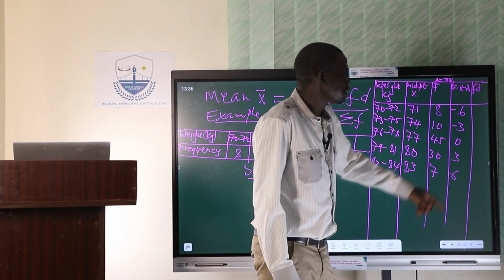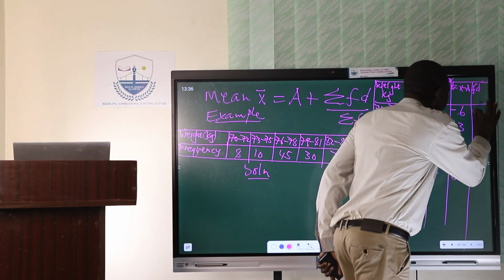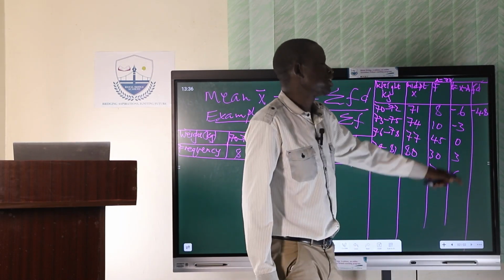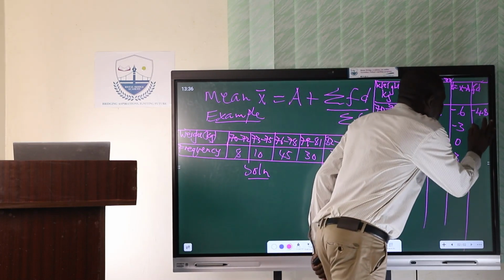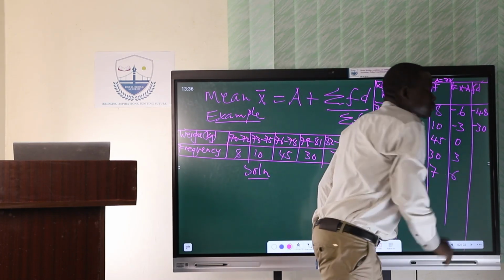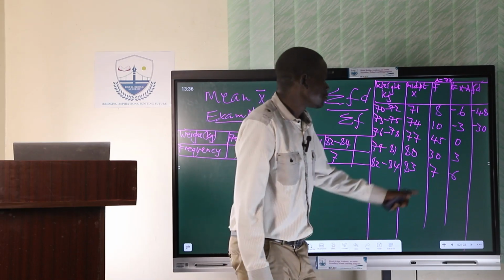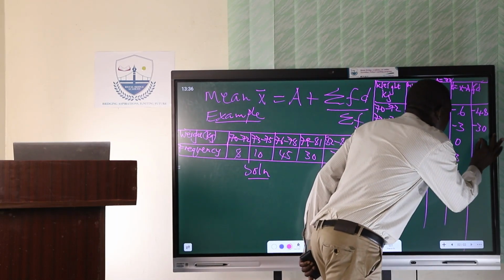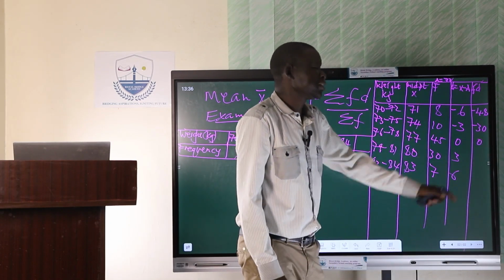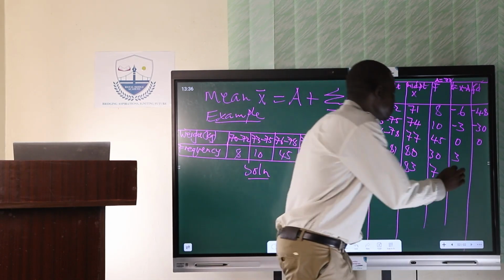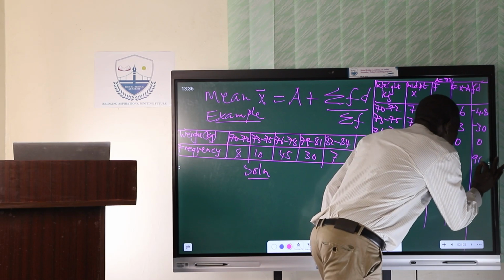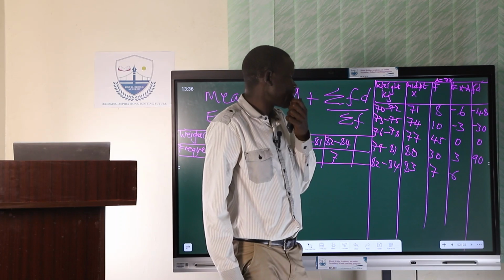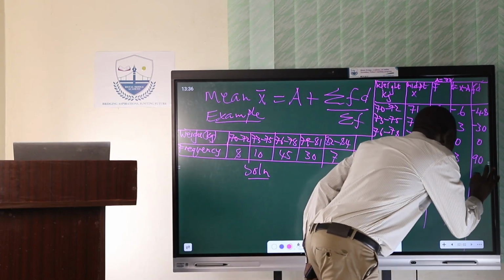So 8 times negative 6, we get negative 48. 10 times negative 3, we get negative 30. Then 45 times 0, we get 0. 30 times 3, we get 90. 7 times 6, we get 42.